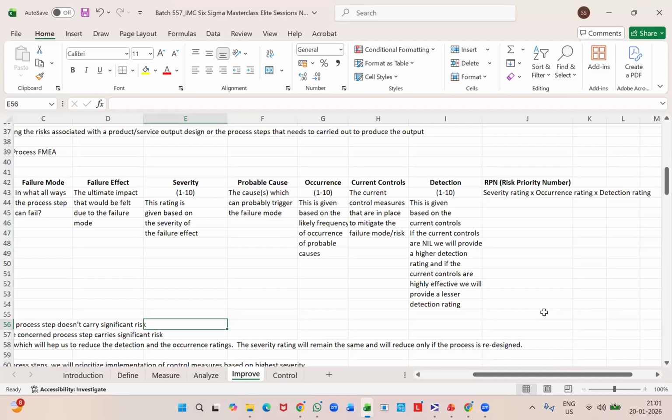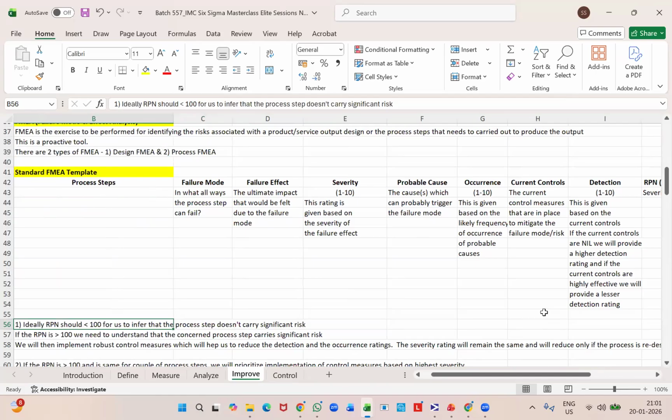Right. But then if you have a scenario where a couple of process steps have the same RPN value and it is greater than 100, say a couple of process steps have RPN as 135. As I told you, if the RPN is greater than 100, then we need to infer that the process step carries some significant risk.